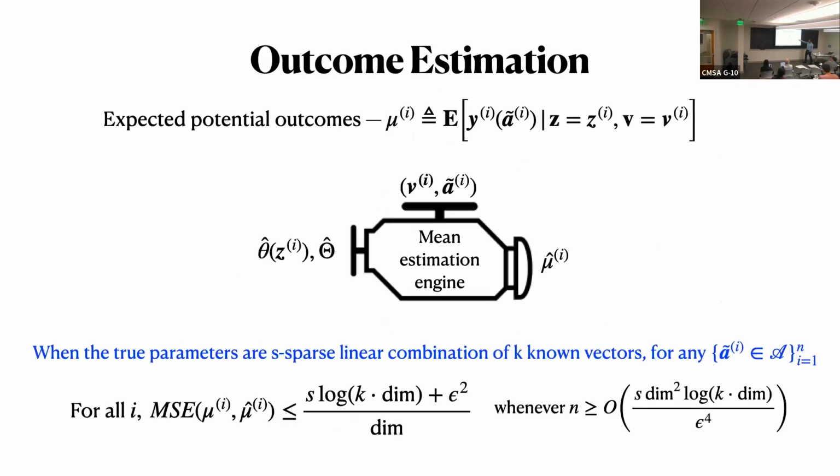And again, as I mentioned, we'll assume that there exists a computational engine that does exactly the right thing. Then that will lead to, if you wanted to compute this expected potential outcome, the error scaling, for example, in the same setting like this. So it will decrease with dimensionality.